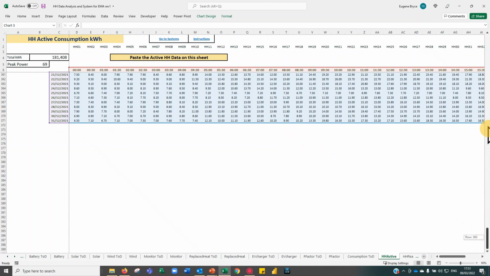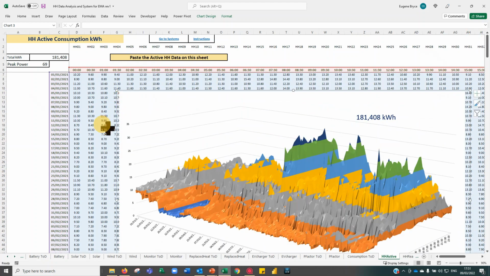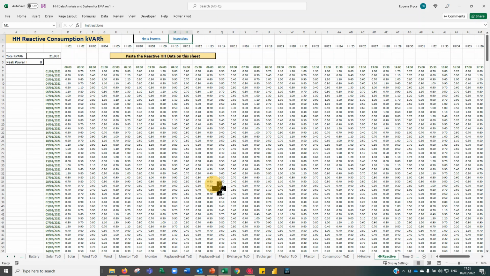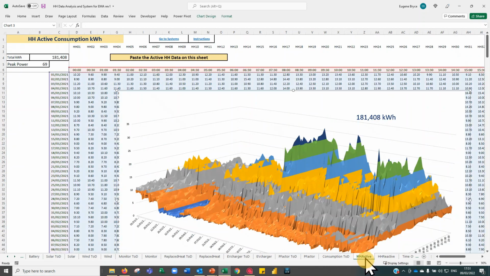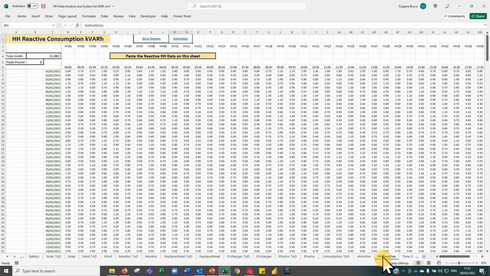We have imported the real data. Now we also import, in the same way, the reactive data, the kilovar consumption, and that goes into the reactive spreadsheet. So we now have our active and reactive imported from our half-hourly data.